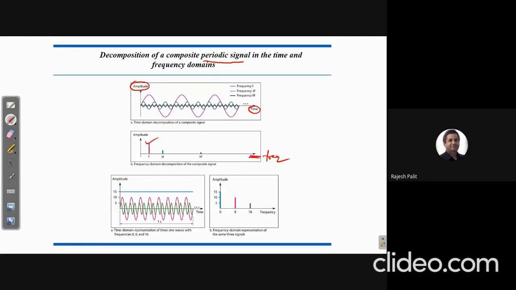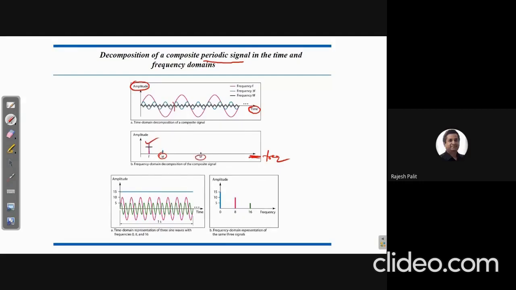Then the bluish one: within one cycle of the pink one, the blue one completes 3 cycles, so that's why it is 3f. And the black one, with one cycle of the pink one, completes 9 cycles, so it is 9f.